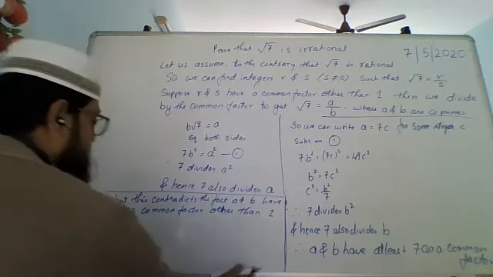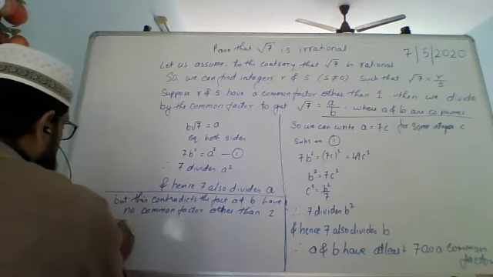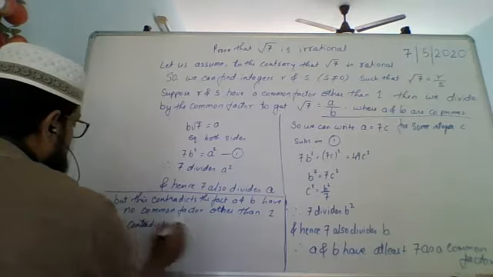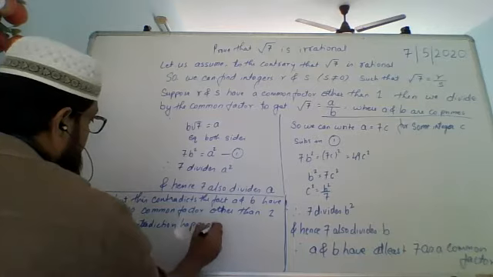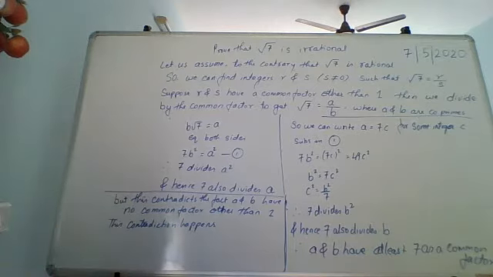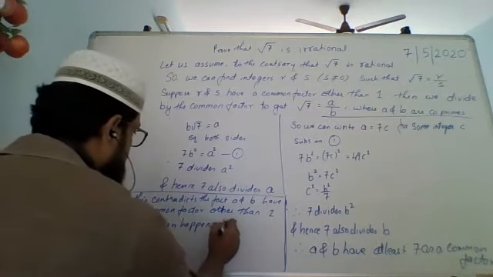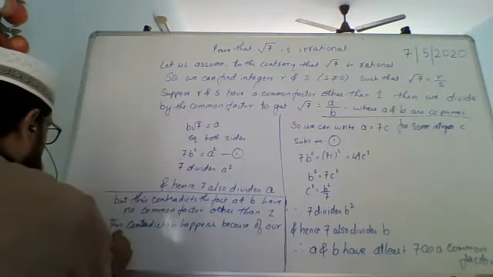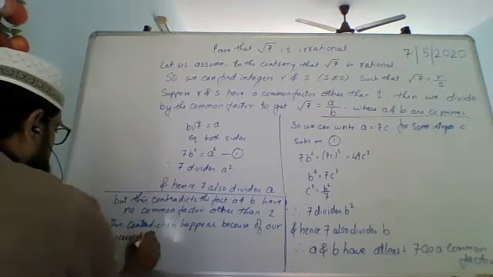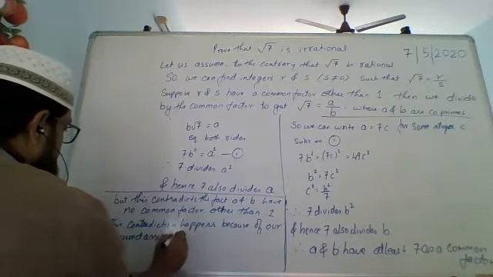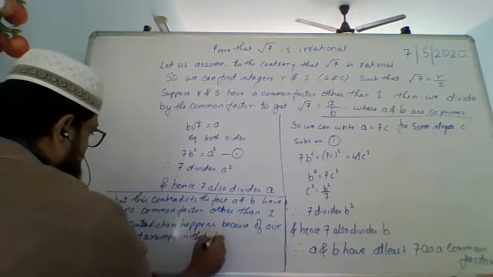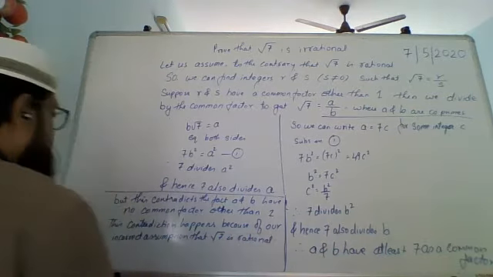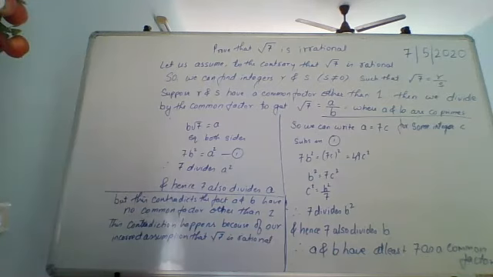This contradiction happens because of our incorrect assumption that root 7 is rational.